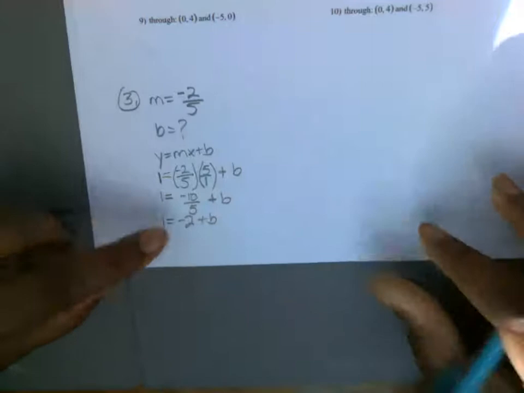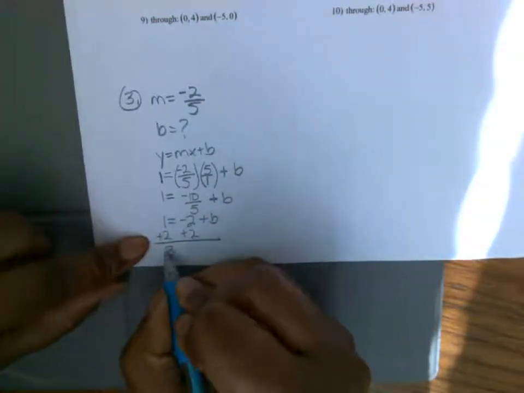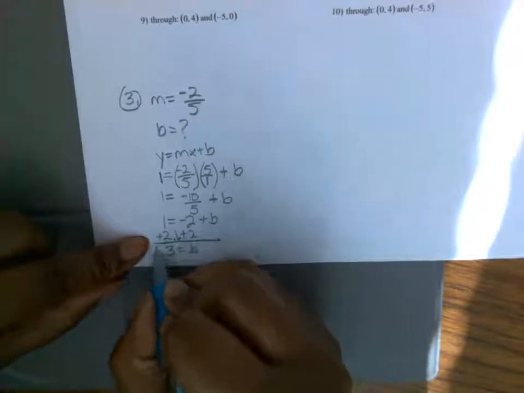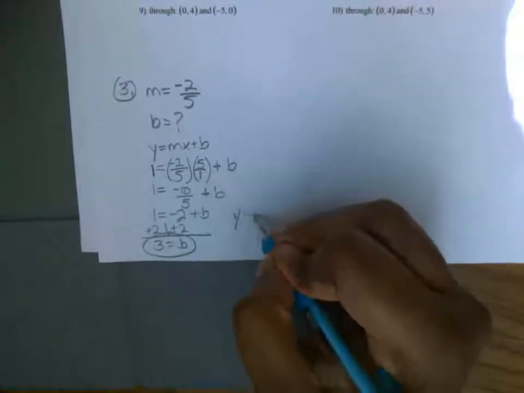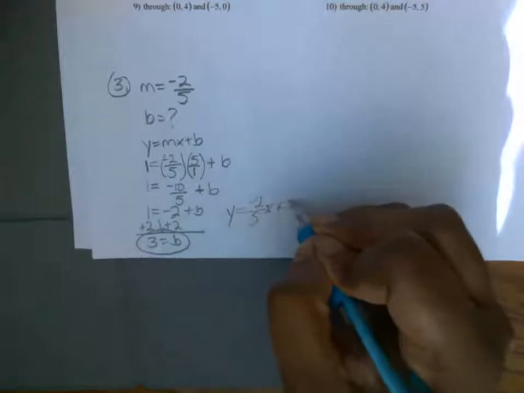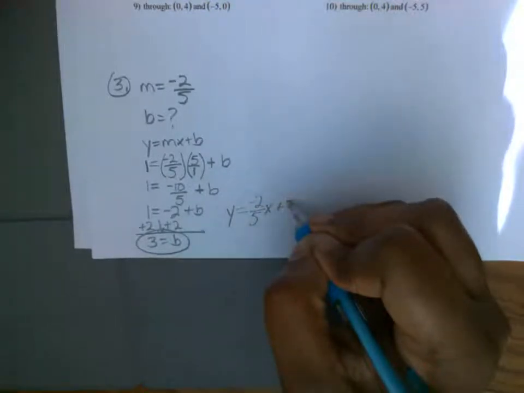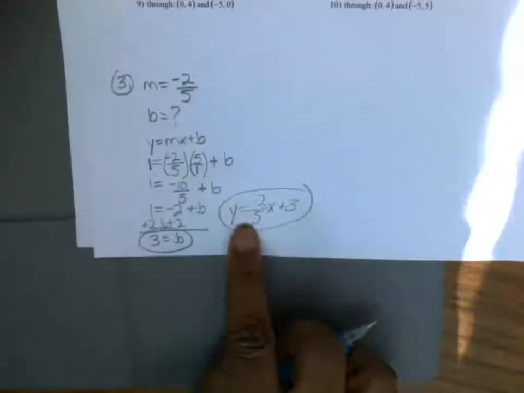So now when you get b by itself, you're going to add 2 to both sides, and that's going to give you 3. So b is equal to 3. So that's how I get y is equal to negative 2 over 5x plus, what did I say b was? 3. Sorry. Okay, that's how I got this.